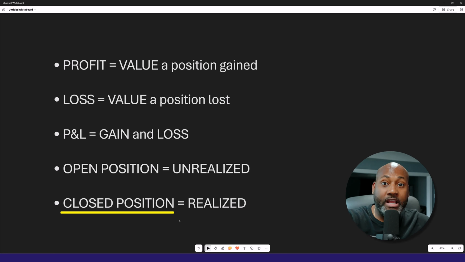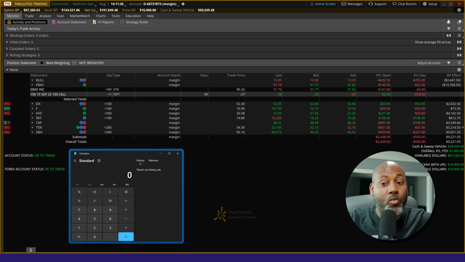So it's a real set value. But now, compared to your trade price, did you lock in a profit or did you lock in a loss? We know that our profits and our losses always start unrealized because that's during the time the position is open. Then once we close it, it becomes realized.